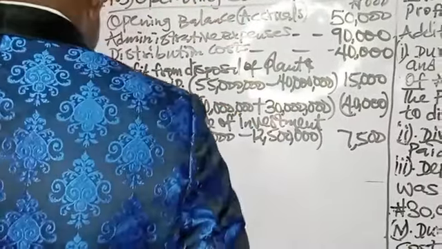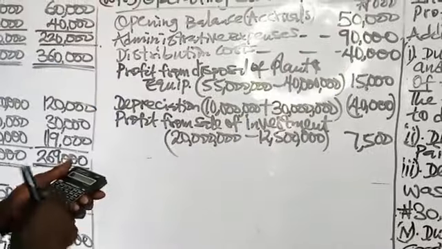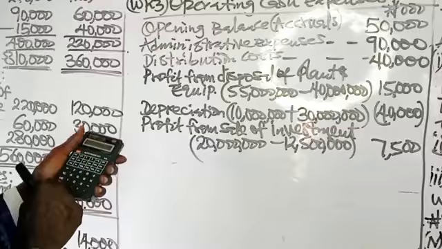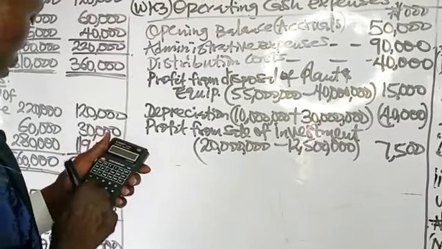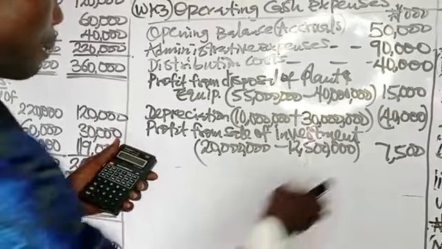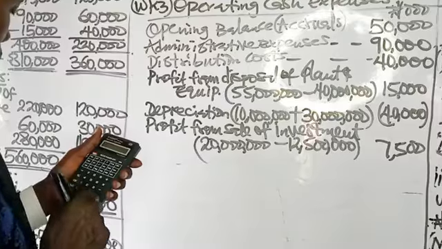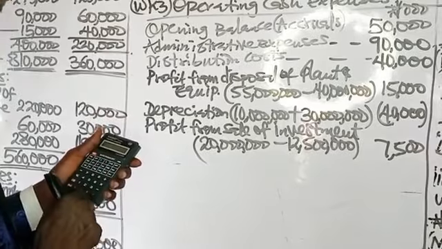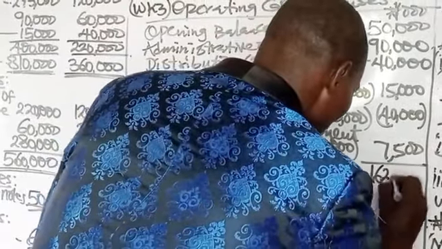So as a result of that, what is the total of this? 50 plus 90, that is 140, plus 40, that is 180. 180 million plus 15 million, then minus 40 million, plus 7.5 million, so you have 162.5 million.